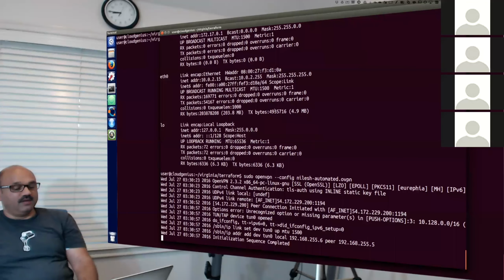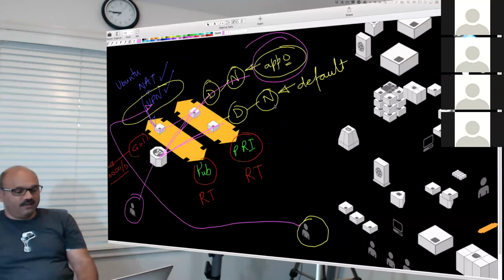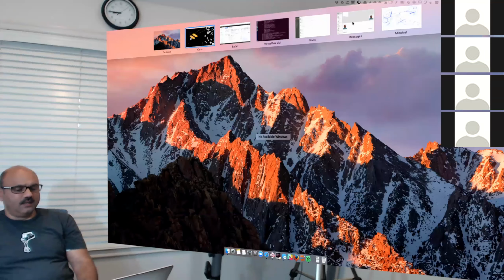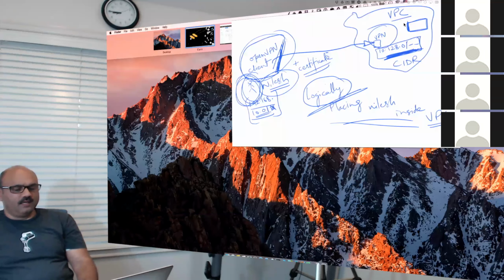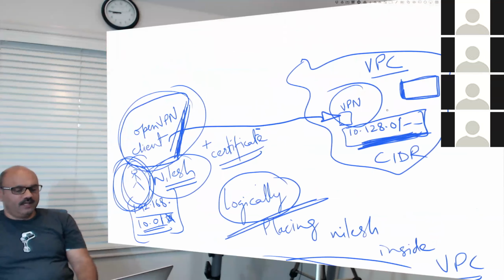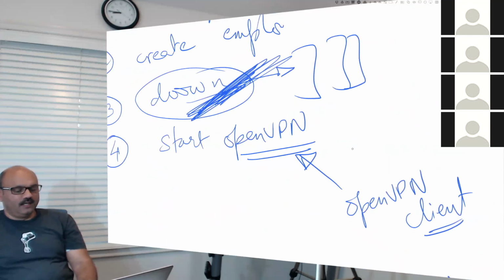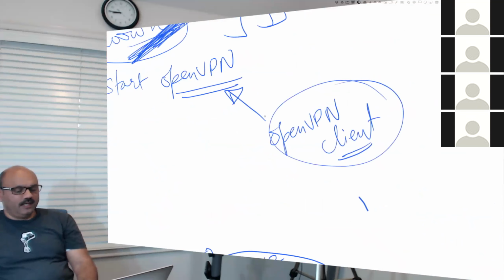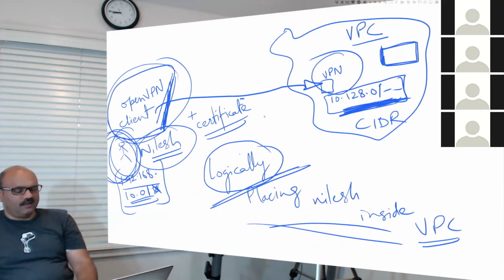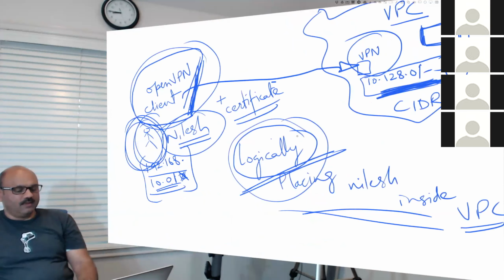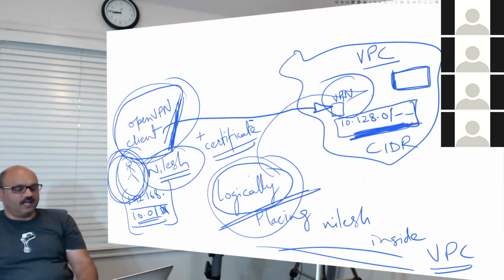Just give every employee one certificate, and they are able to logically connect using that certificate, then use their VPN client and just connect to the VPN. Then you logically place everybody inside the VPC, so that they can access whatever resource they have inside the VPC.